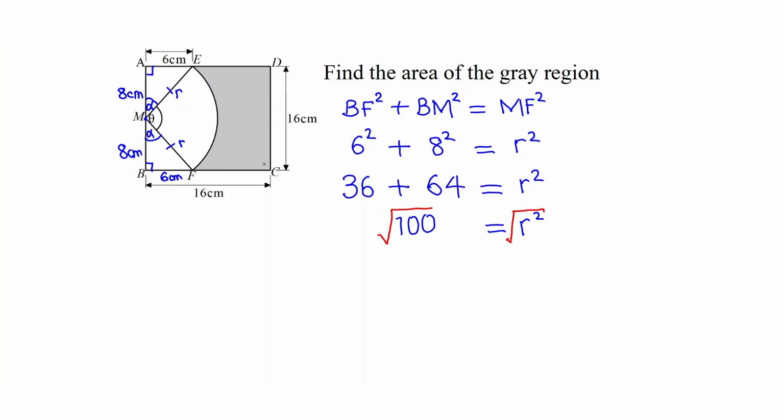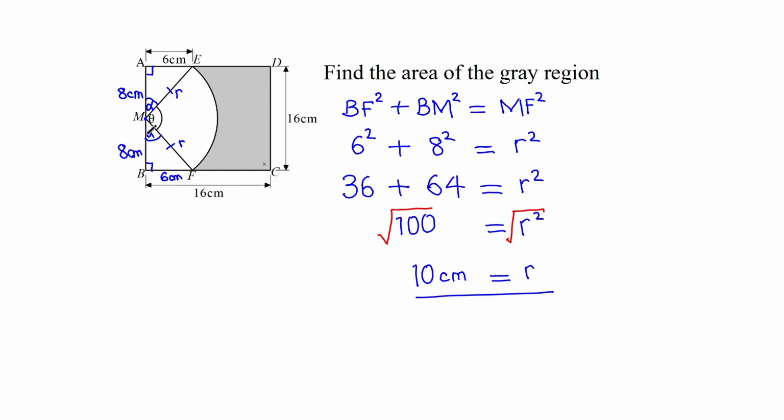Since we are dealing with length, we're only considering the positive square root. So the square root of 100 is 10, and the unit is also centimeters. And the square root of r square is r. So we have just gotten the radius of this minor sector.